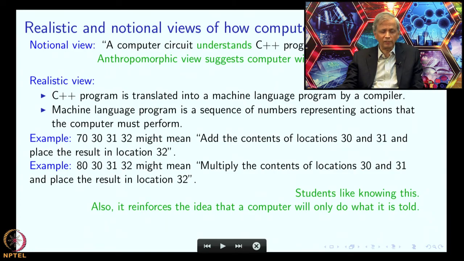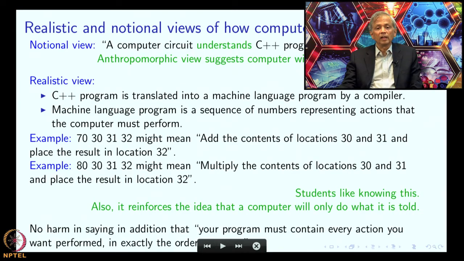But the more important part, of course fun is important, but there is also a more important idea. And that idea is that a computer needs to be told in a very specific manner what we expect it to do. The moment you start with these kinds of codes, students understand that the codes are important. They are not going to come out of thin air. So somehow you have to do something which will cause these codes to go.